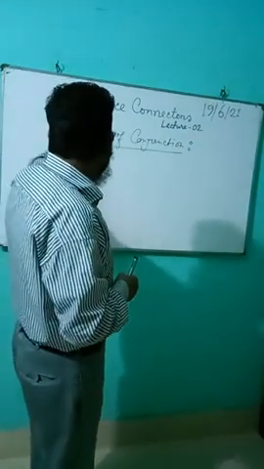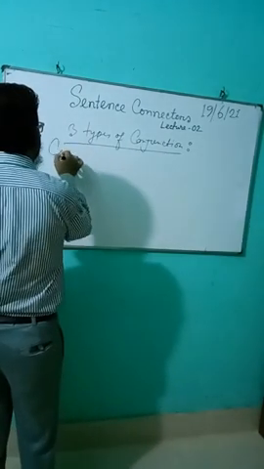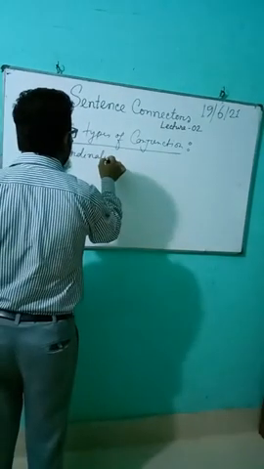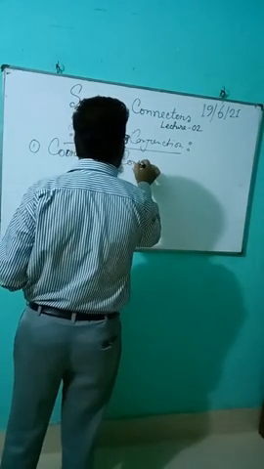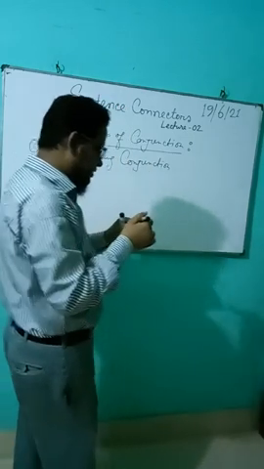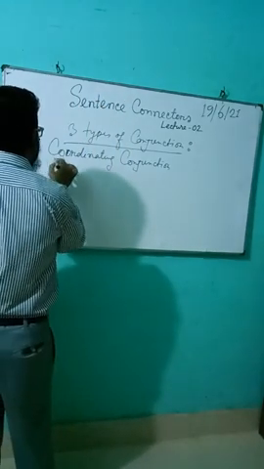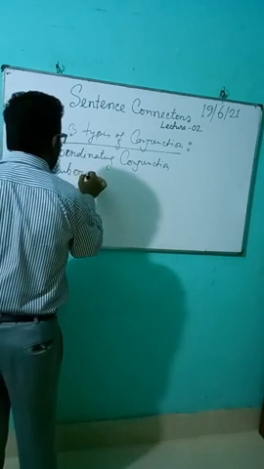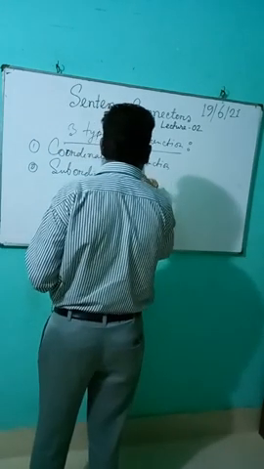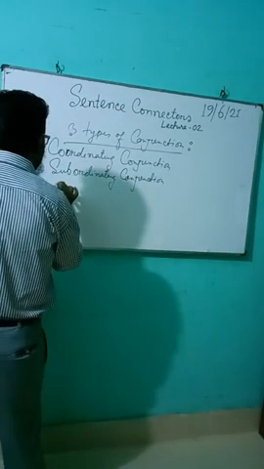So the three types of conjunction we have: first, coordinating conjunction; second, subordinating conjunction; and the last one is correlative conjunction.